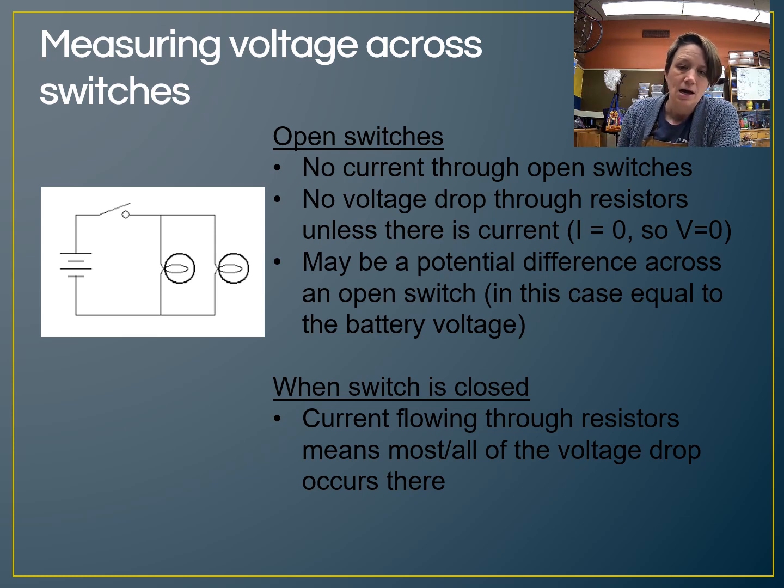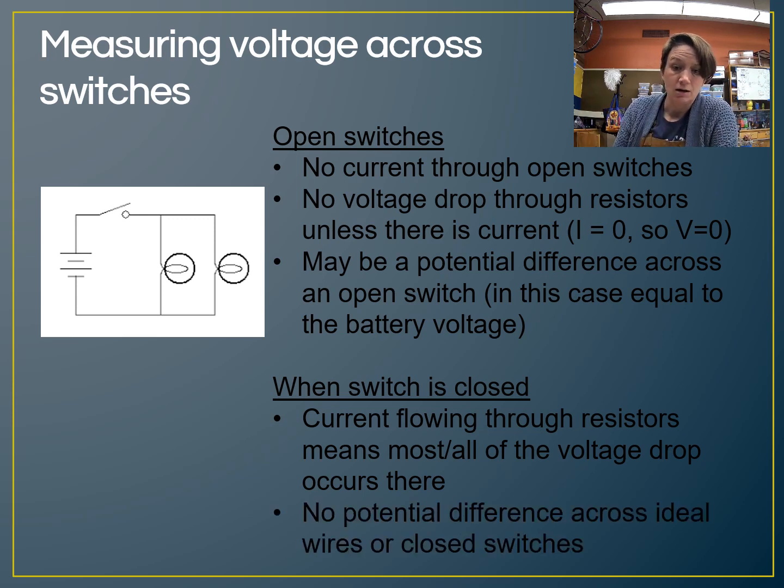But in any case, the lion's share of that voltage is dropped across the bulbs or the loads in the circuit. Therefore, there is no potential difference across a wire. A closed switch is essentially the same as a solid wire, and if you measure the voltage using a voltmeter at two places on the same wire, you get 0 because the delta V, or the potential difference, is 0.